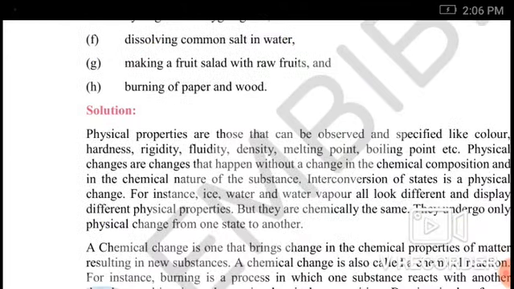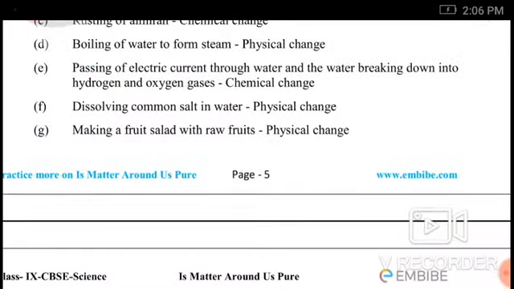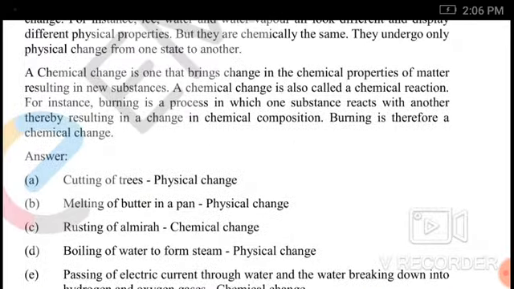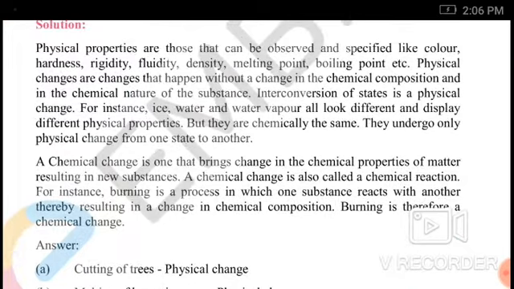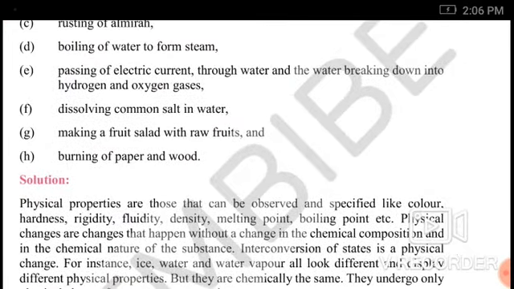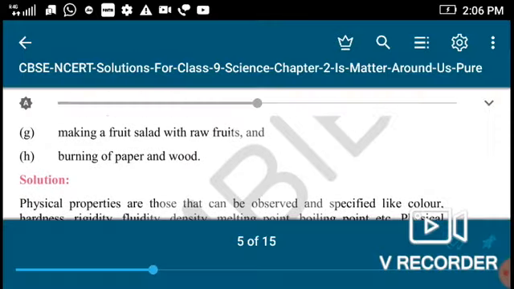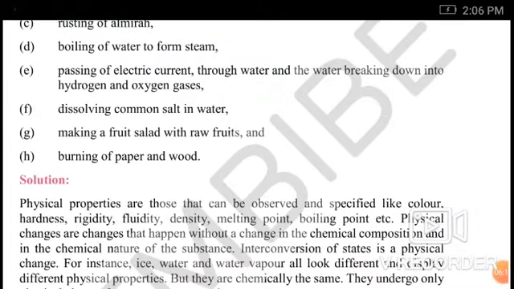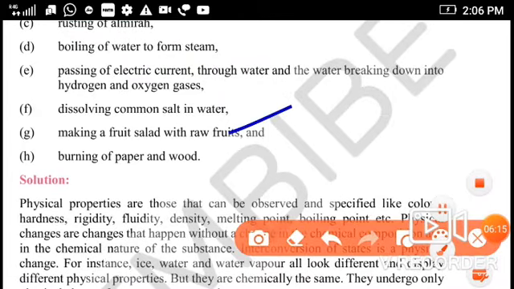Okay, you can check the answers here also, their details are given. Making a fruit salad with raw fruits is also a physical change because properties do not change after making the salad. They have all the same properties.